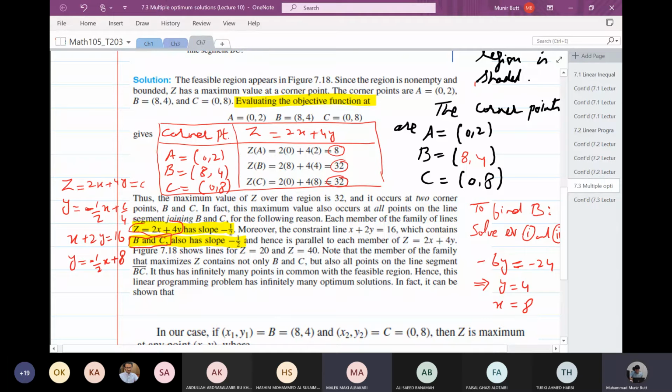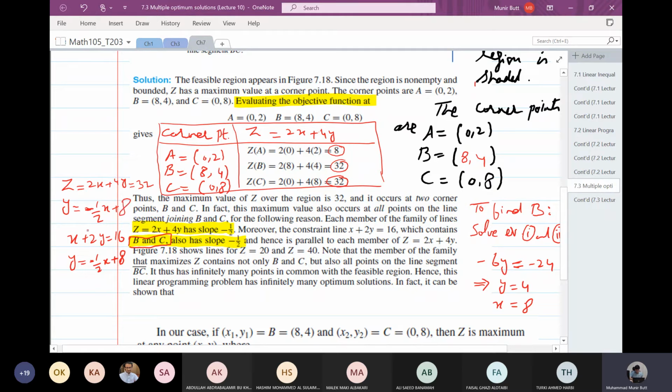Yes, it is 32. 32 over 4, what will be 32 over 4? 8. So luckily here we have the same answer, 32 over 4, and what will this be? 8. So exactly 8.